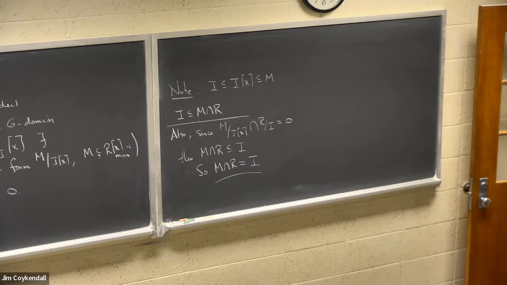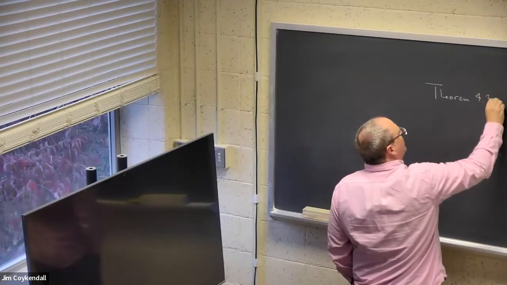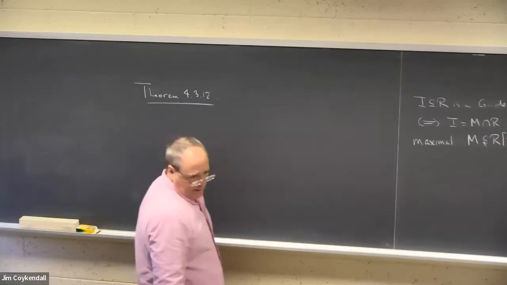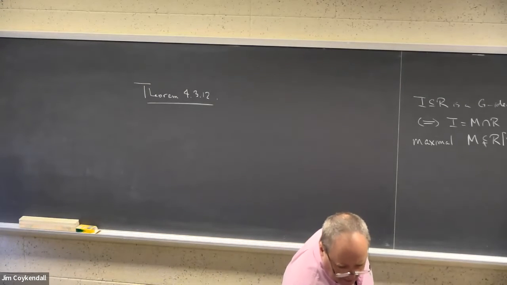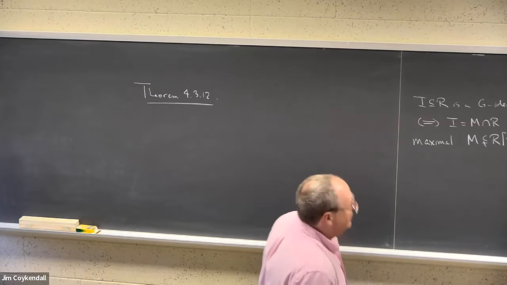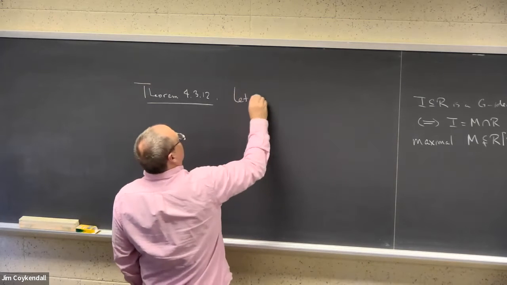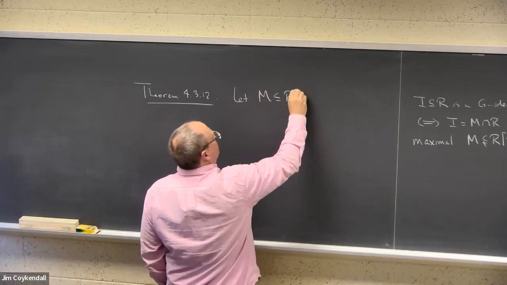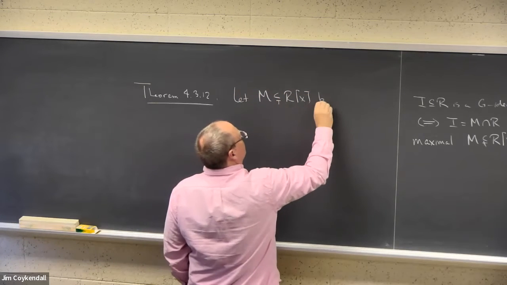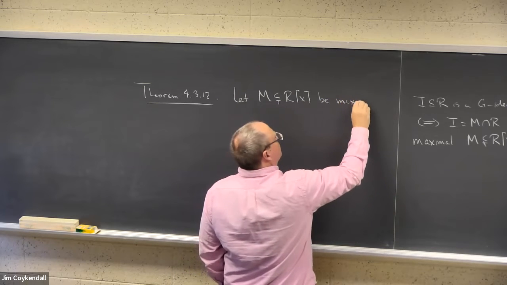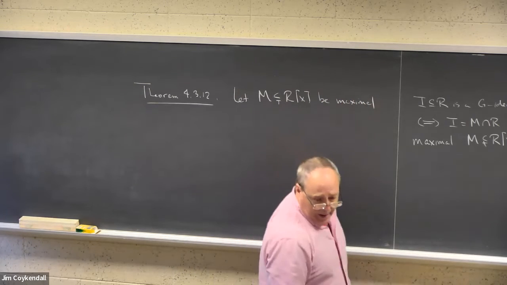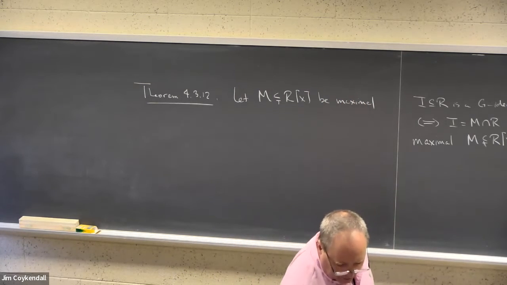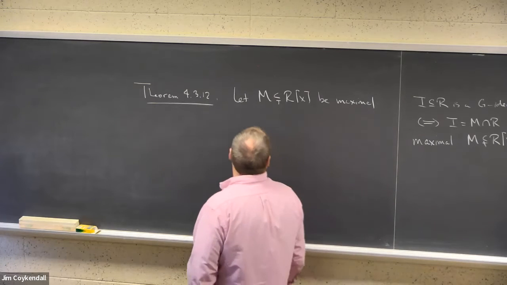So let me give you technically the last thing that I wrote down last time. Theorem 4.3.12. Let M be a maximal ideal of Rx, and suppose that its intersection down with R is maximal.